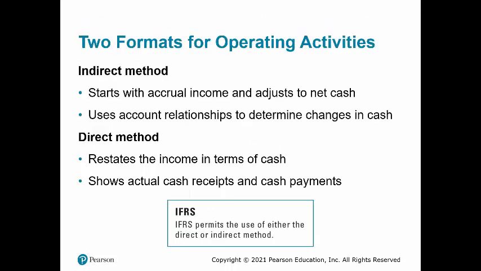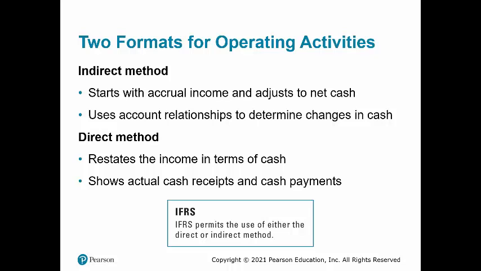There are two different formats for the operating activities section. There is the indirect method that starts with accrual-based net income from the income statement, and we make adjustments to net cash provided by operating activities. And we're going to use accounts in current assets and current liabilities to determine the changes in cash.